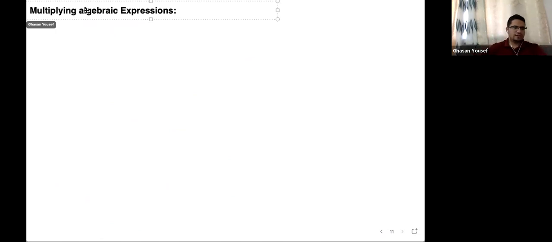The idea is using the distributive property. This is the most important idea we're going to use in multiplying algebraic expressions, like we talked about this idea, the distributive property, in the first lecture in this class.